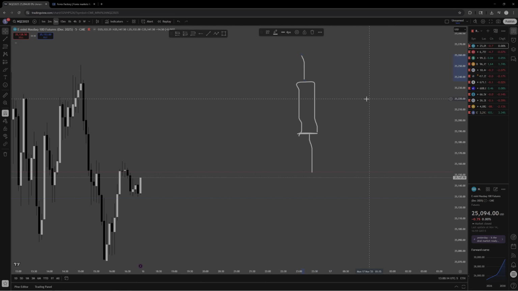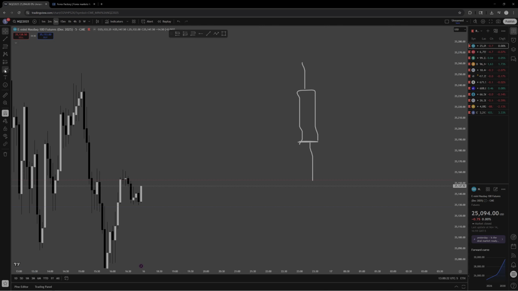Now, if we want to see a bearish candle, for me at least, I can draw that as well. Let's draw it in black. So we have our open up here, our high up here, same as the bullish candle.